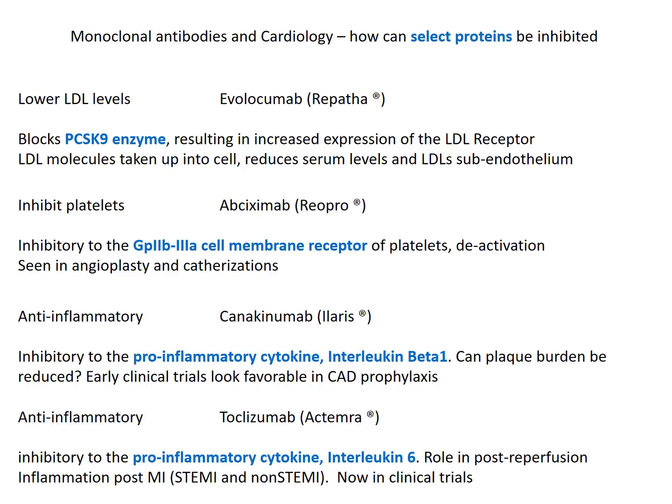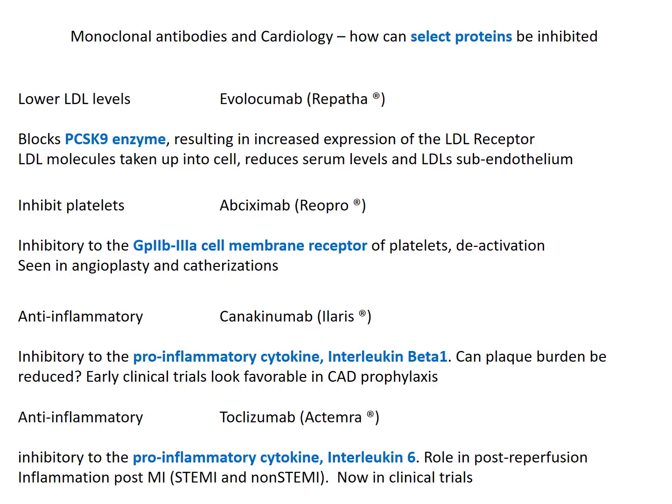Here is using monoclonal antibodies in the world of cardiology, and none of this is really autoimmune. This is all trying to target different proteins that are known to play a role in atherosclerotic diseases. Some of you may have seen this, particularly if you're in a cardiology type career. You've seen these drugs come out within the last couple of years.